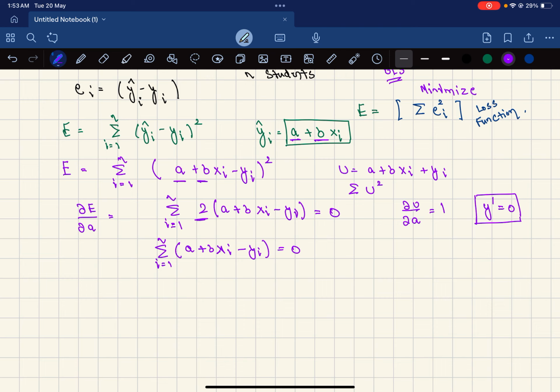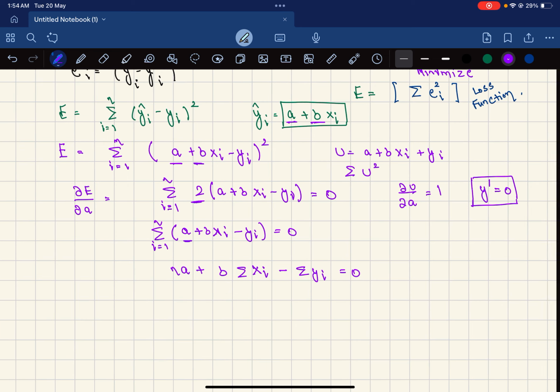Now just separating out the summation terms, since a is a constant, if we are summing up n times a, we would be getting na, plus we can bring out the constant b, and we still have the summation xi, minus summation yi. This is equal to 0.